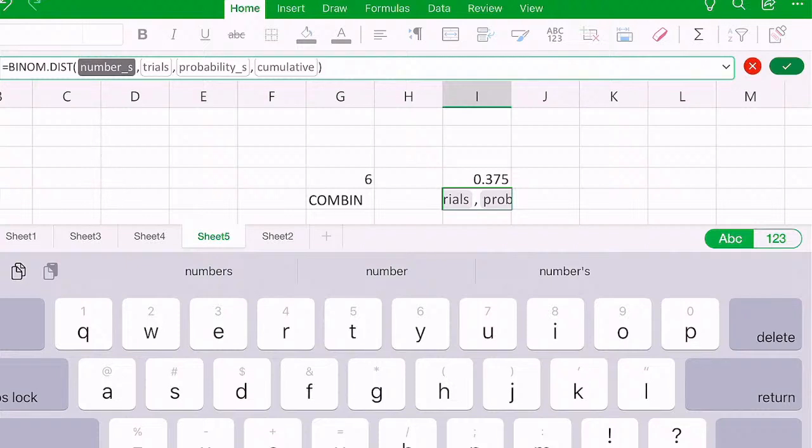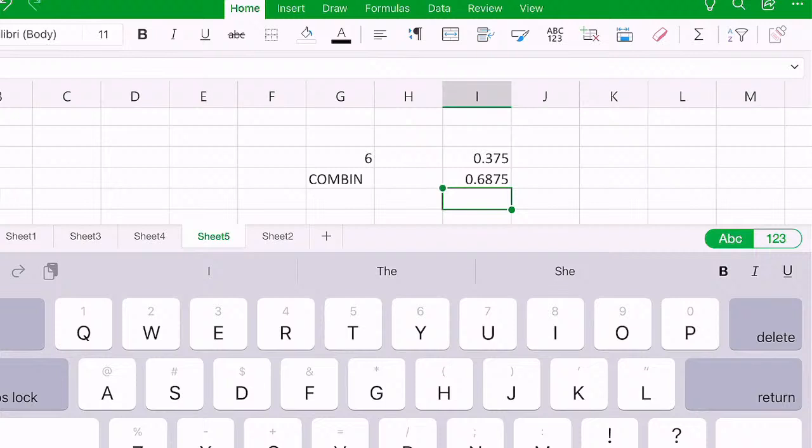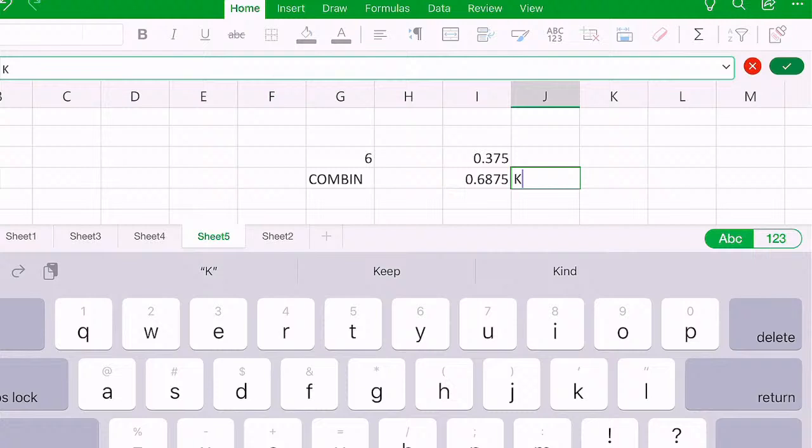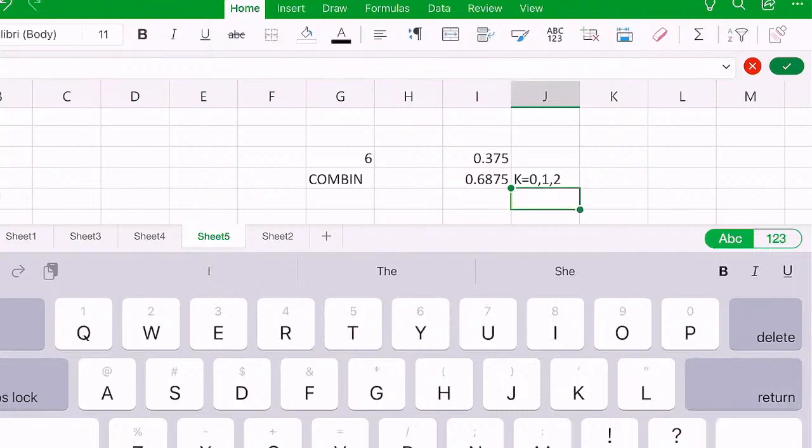I should have just copied it. So the number is 2, 4 trials, 0.5, and if I say cumulative 1, it adds up for K equals 0, 1, 2. It adds them all together for me. This is just for K equals 2.